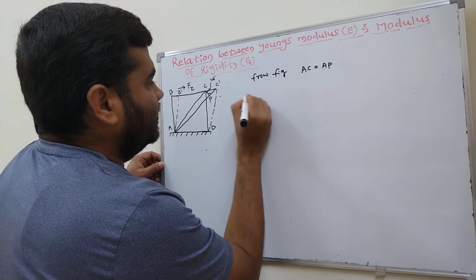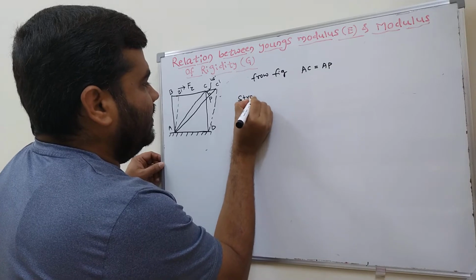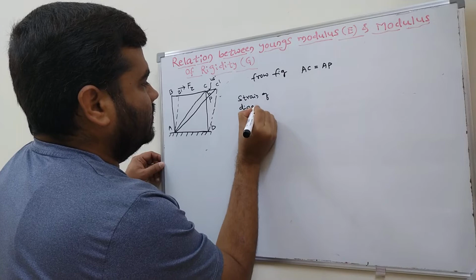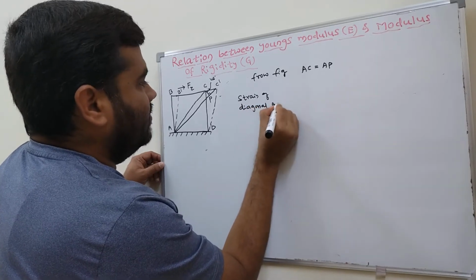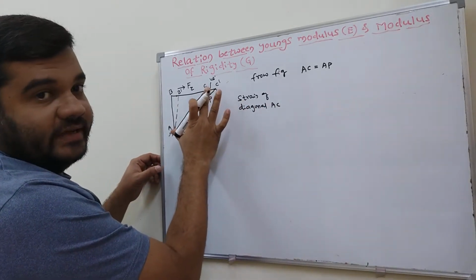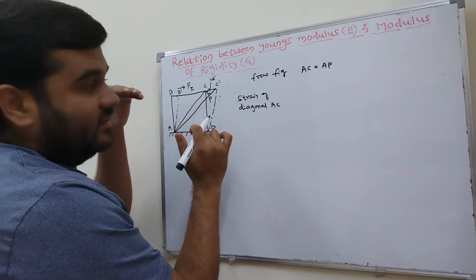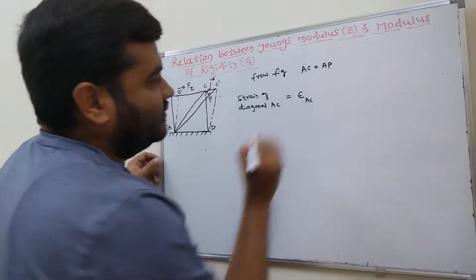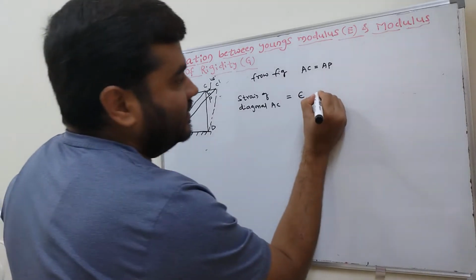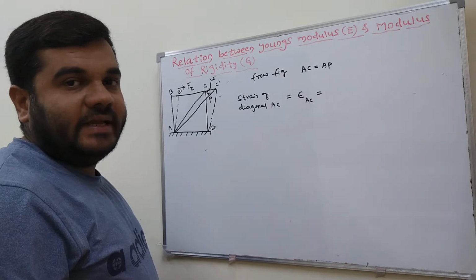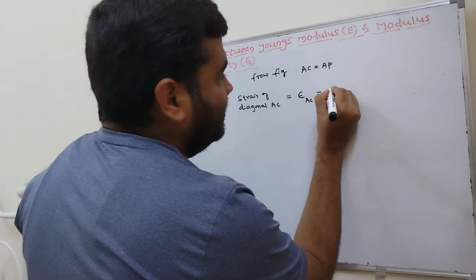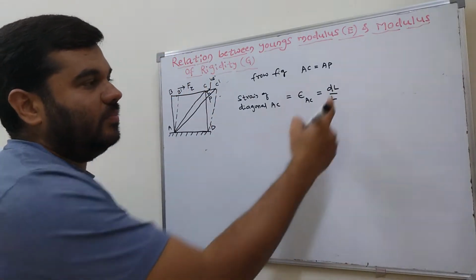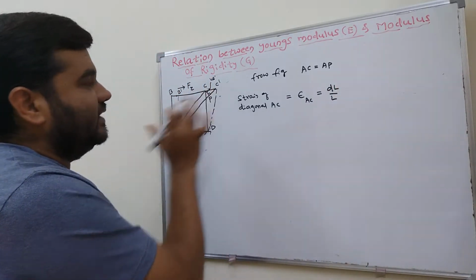Okay. So now the strain of diagonal AC, because AC will undergo certain change in length after applying the shear force. I'll write strain of AC. What is the general formula? Change in length divided by original length. Now apply this with respect to this diagonal.